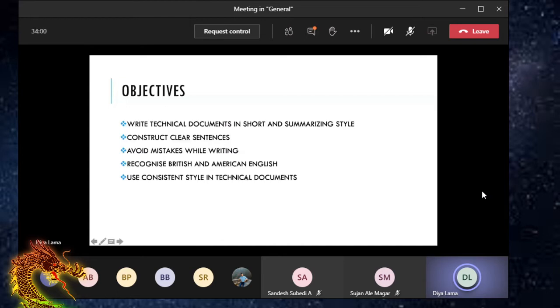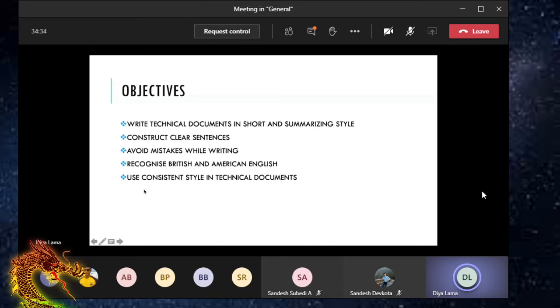Suppose you're writing a technical document for an American company, then you can't write a spelling that is of British. So you have to know whatever you're writing is in American English. Nepalma, I think people use American English. So you have to be recognizing these types of English, eh?